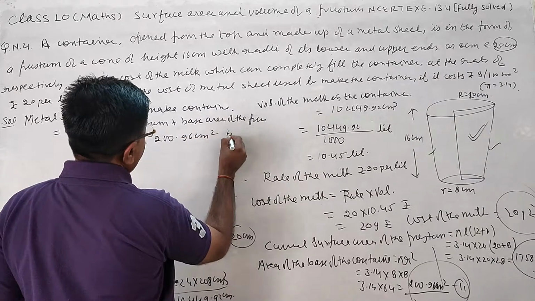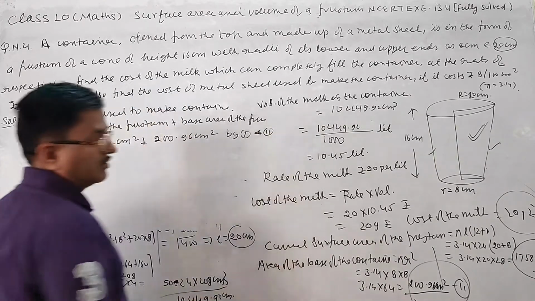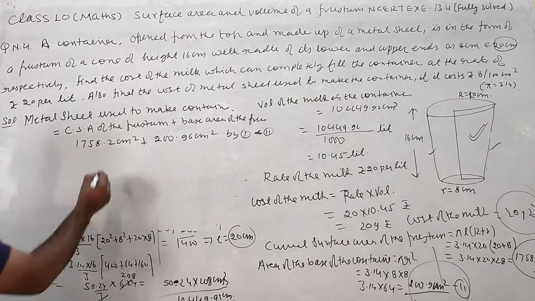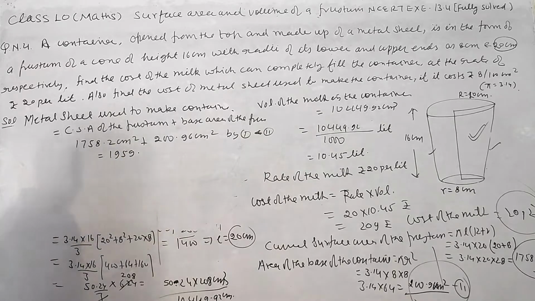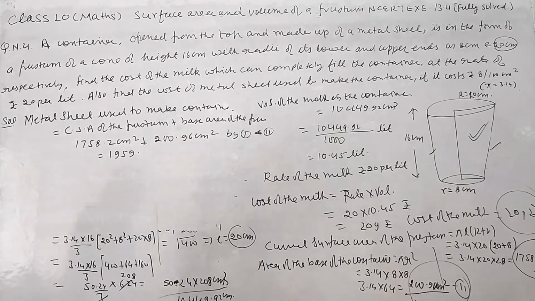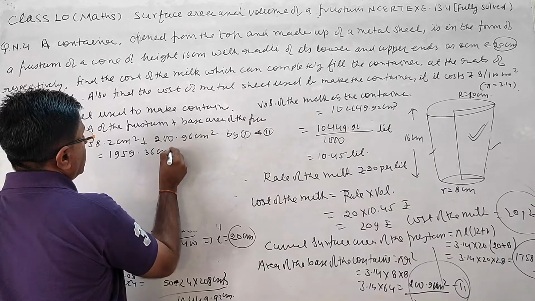We are taking these values from equations 1 and 2. Correct? Now add both, that is 1959.16 centimeter square.